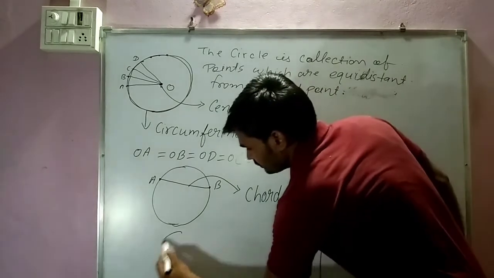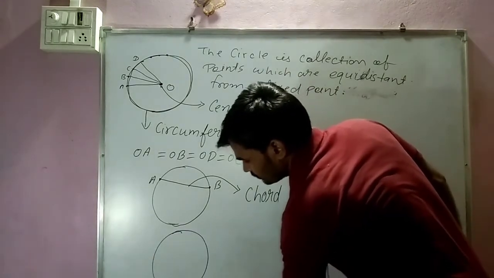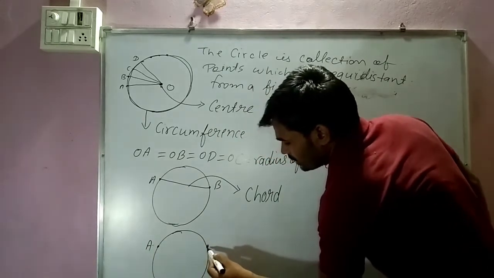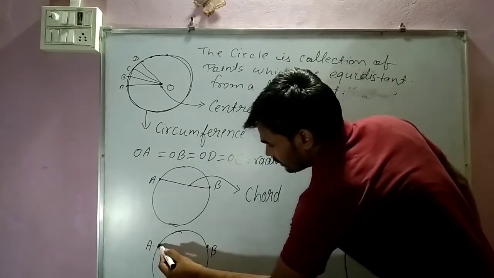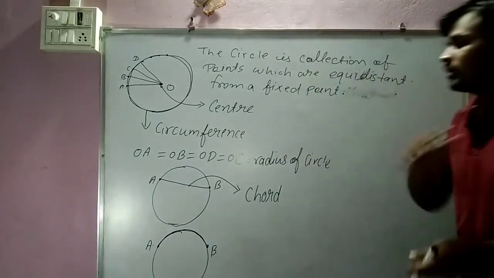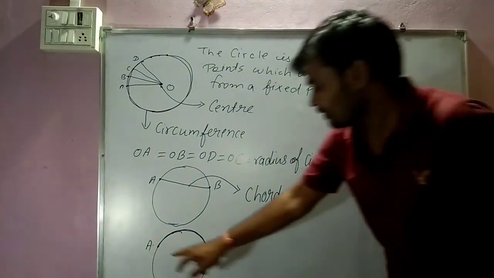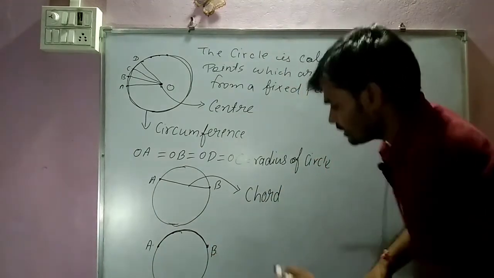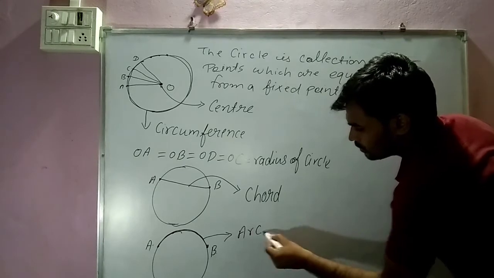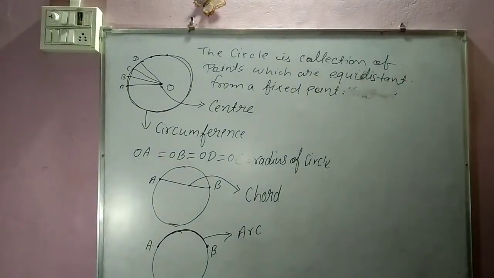Another term: let 2 points be A and B, then the length of the curve between A and B is called an arc of the circle.